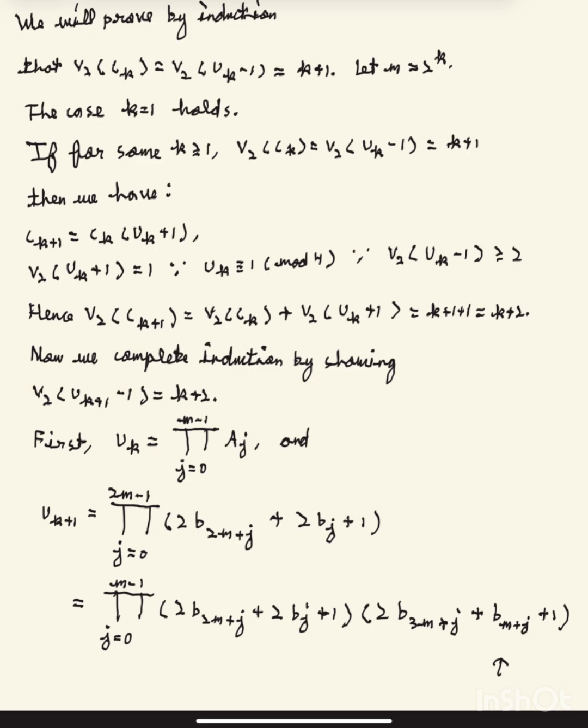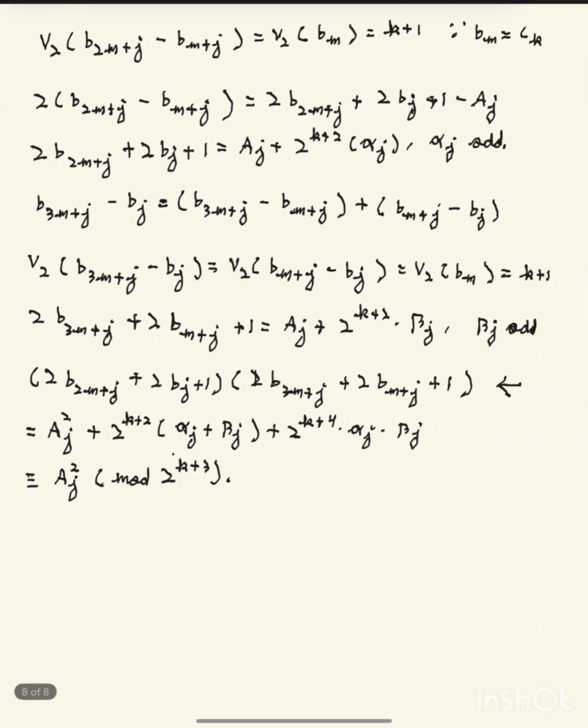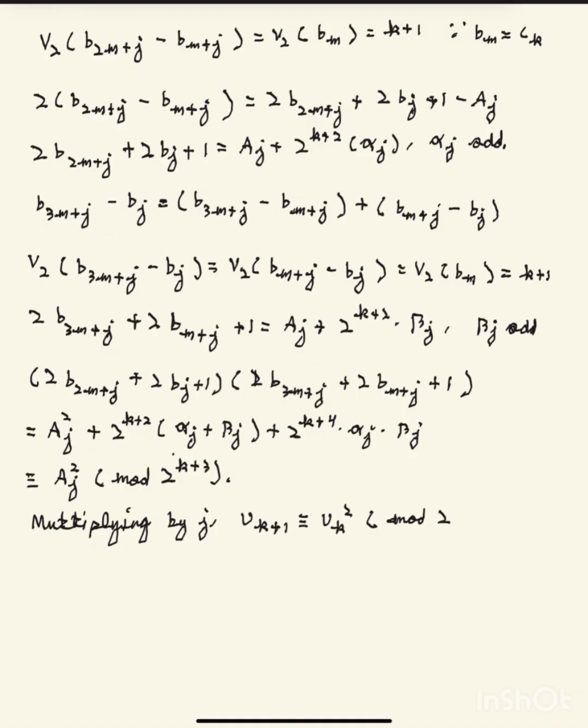So we can multiply over j from 0 to m minus 1 on both sides, and the product of this that I've just erased gives that u_{k+1} is congruent to u_k squared mod 2 to the k plus 3.